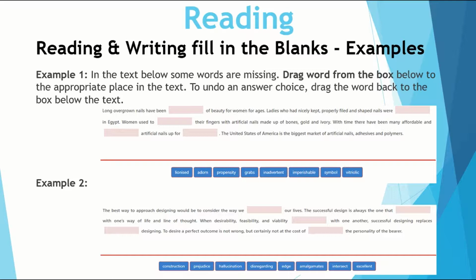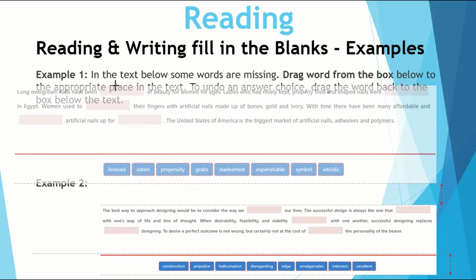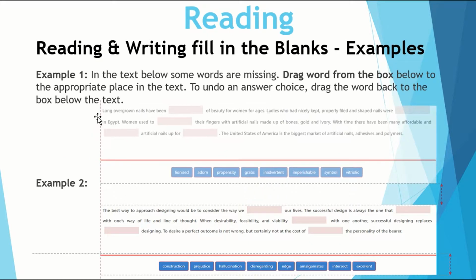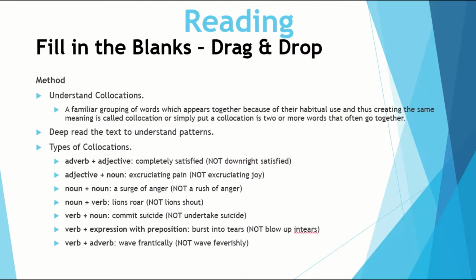Okay, so here's what your question will look like. Just in case you're not able to view it, let me just expand it a little bit. Okay, right, so you have long overgrown nails, have been, bar, and then you just have to click on whichever word you think is appropriate and drag and drop it here. Okay, great. So now that you know how the example looks like, let's just quickly understand some methods.